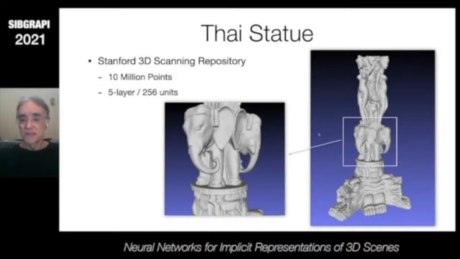And here you can see that the network is able to reconstruct very faithfully the fine details of this scanned statue. Here we see a detail of the elephants of the statue with all the details in the different parts of the geometry.